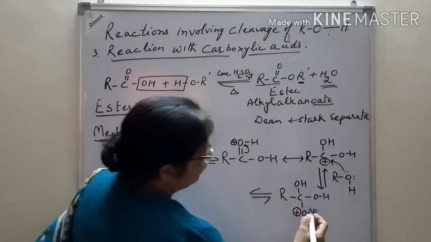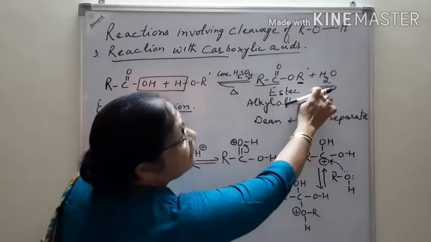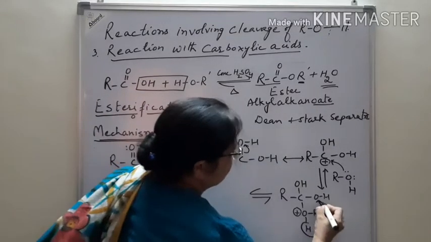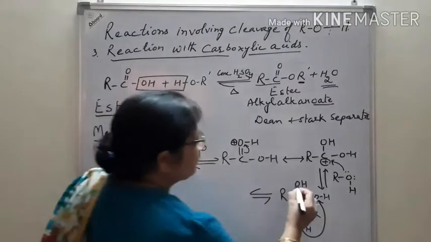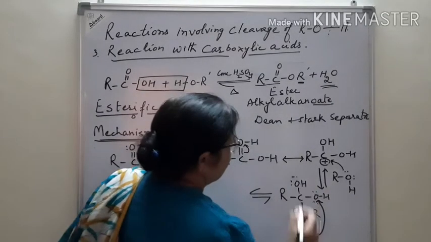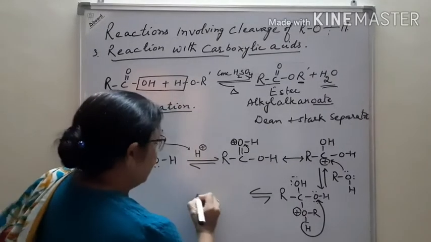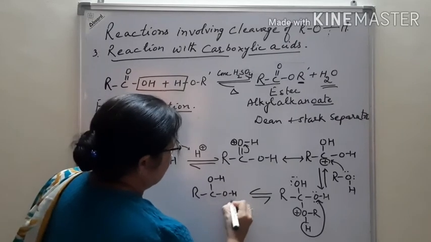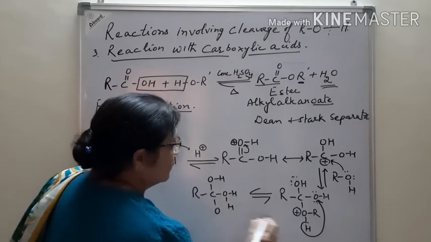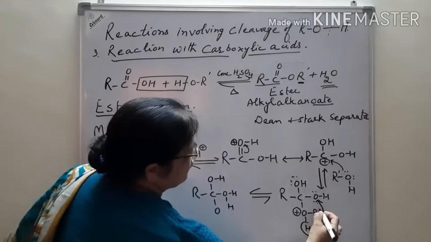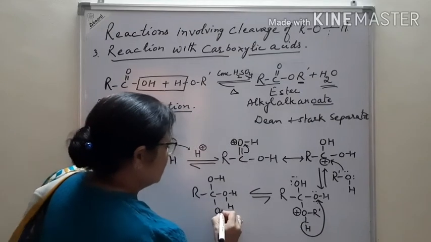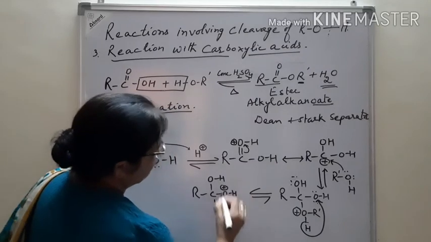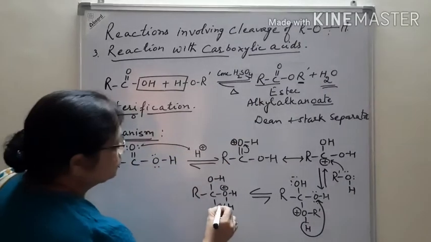In the next step, now one of the H has to be removed, we have to remove water, okay. To remove water, an H has been transferred because there is a lone pair of electrons over one of the OH that is shifted. R, C, OH, R dash. Now oxygen forms 4 bonds, so positive charge. Next, water is removed.